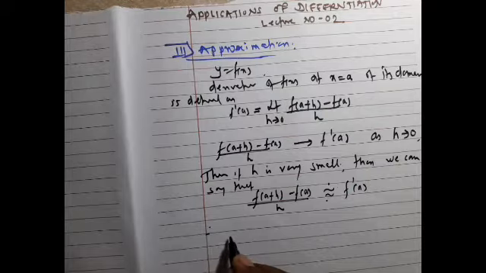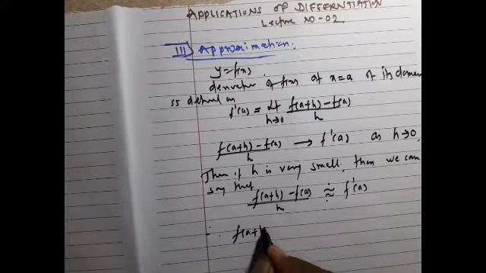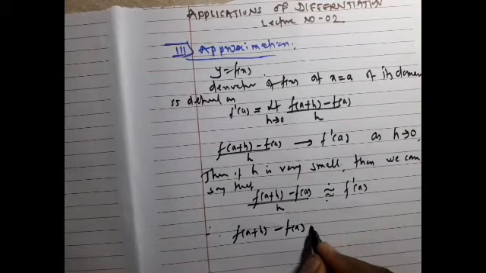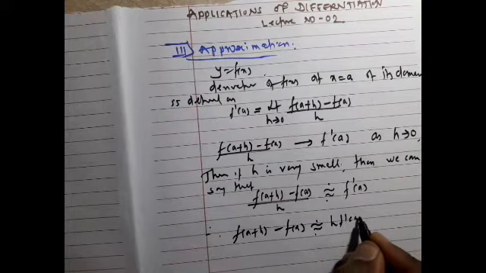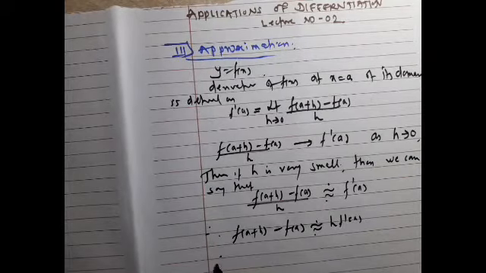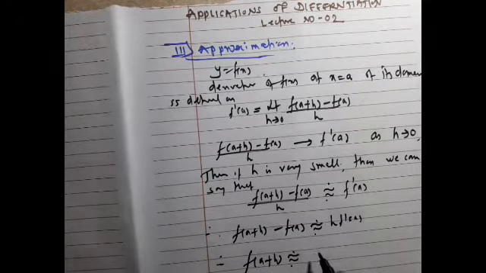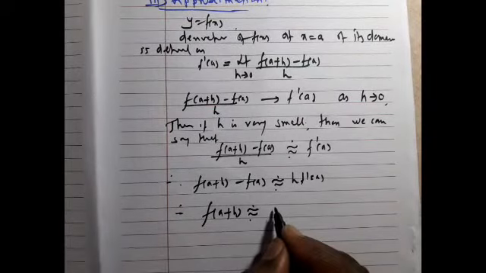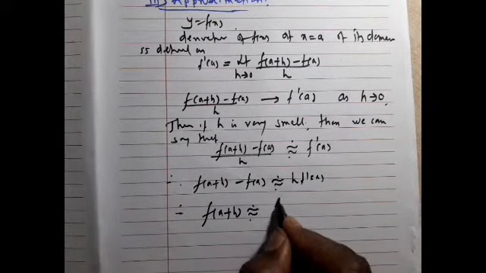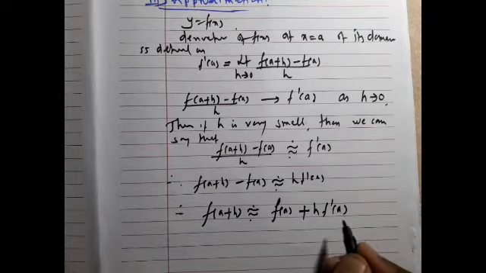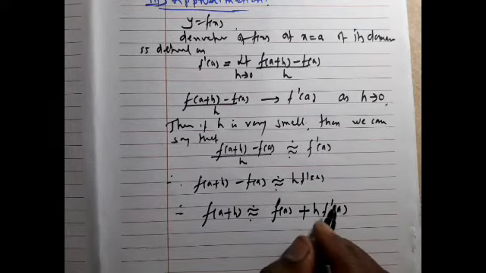This is nothing but f(a plus h) minus f(a) is approximately equal to h f dash a, and therefore f(a plus h) is approximately equal to f(a) plus h f dash a.